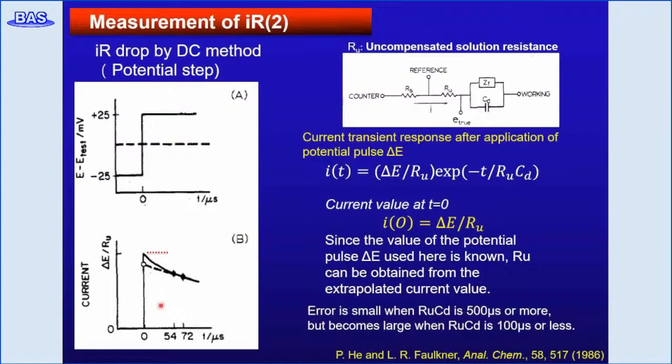The current transient response after the application of the potential step is expressed by these equations. The IR drop is equal to the difference in current at time 0, divided by the solution resistance.